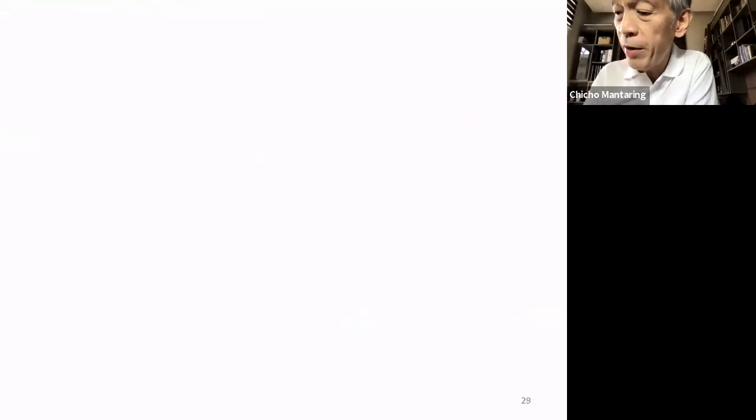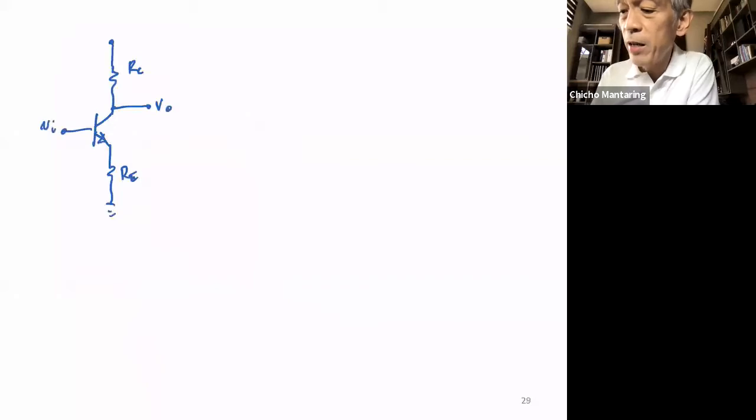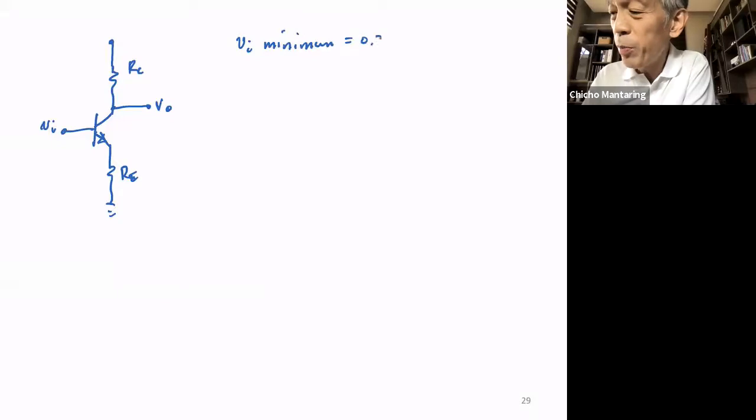Okay, so let me redraw that here. RE, RC, VO, VI. Okay, so first of all, the lower range of VI, so VI minimum, will be equal to 0.7 volts.